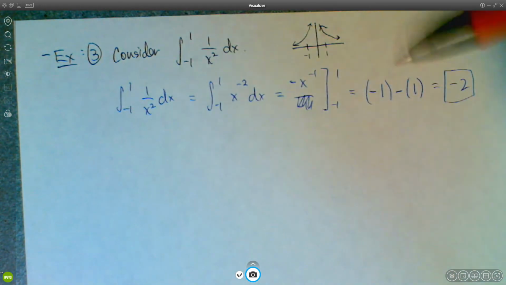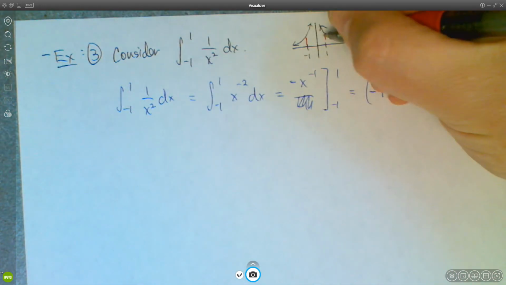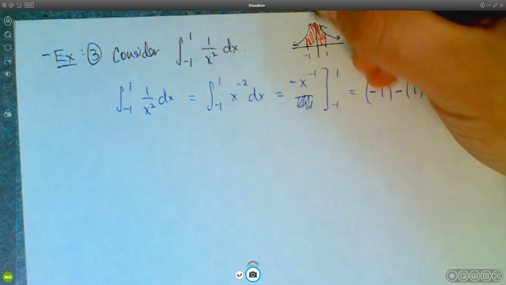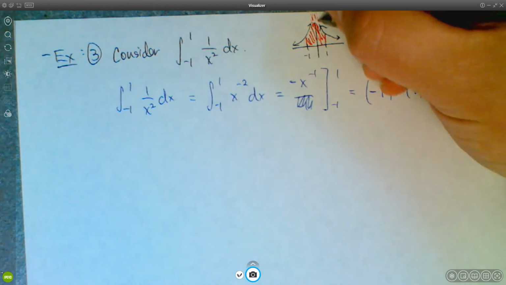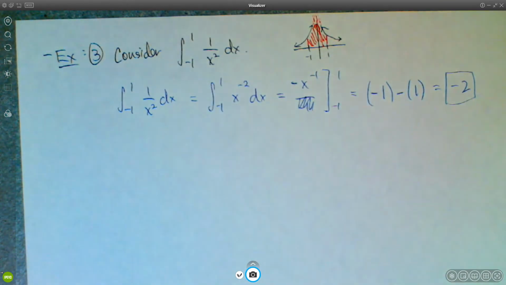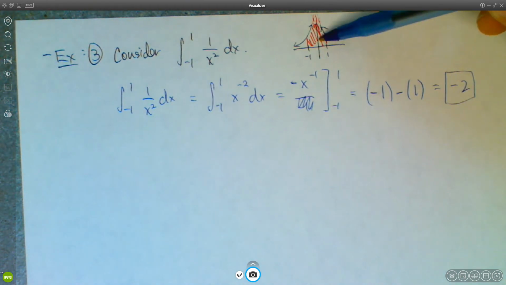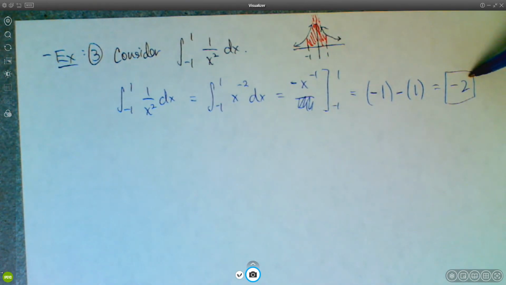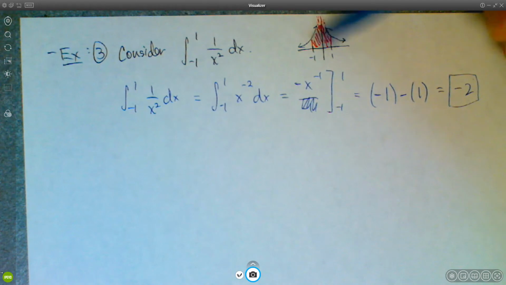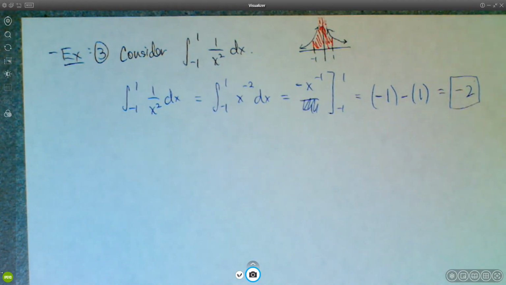The area you're looking for is like all of this stuff, right? And it kind of goes up forever and ever and ever, I guess. So that's the area that you're looking for. It doesn't make sense for that to be -2. Okay? This isn't below the x-axis, so there's no reason you should be getting a negative number.